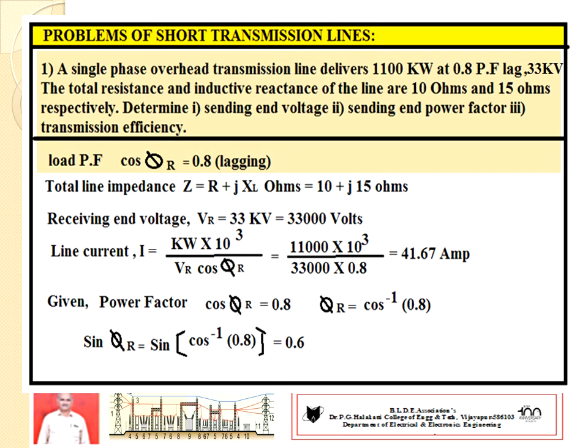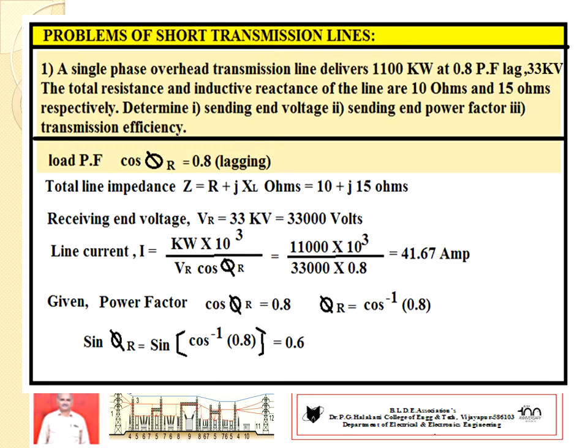Then we have to go for one simple problem. A single phase overhead transmission line delivers 1100 kilowatt, 0.8 power factor lag, at 33 kV. The total resistance and inductive reactance of the line are 10 ohms and 15 ohms respectively.